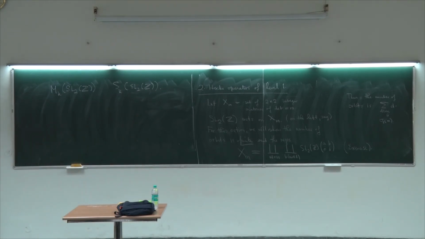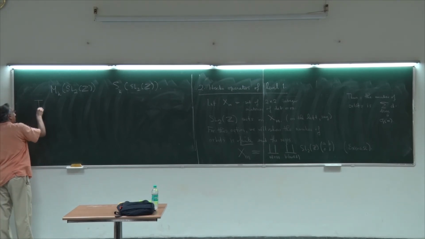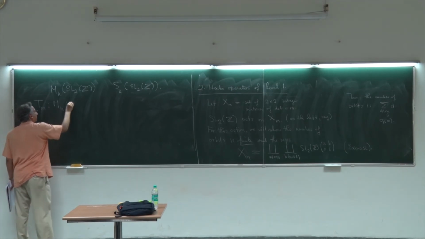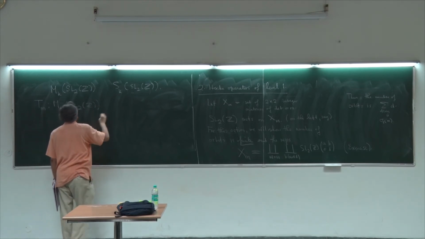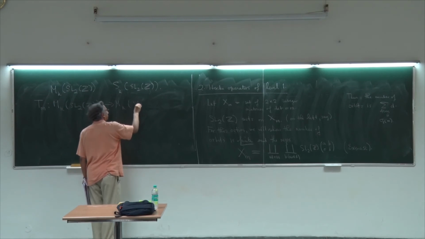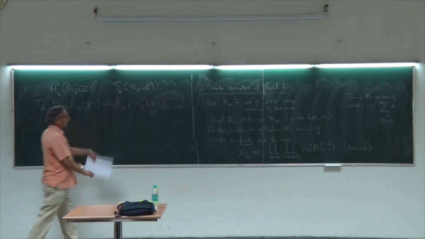We found that out last time. They're finite dimensional vector spaces, right? And now we're going to introduce linear operators using these representatives.